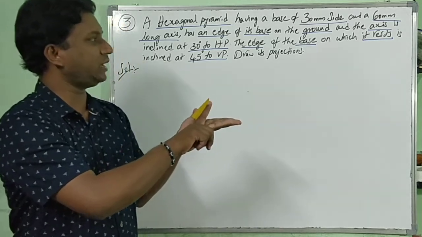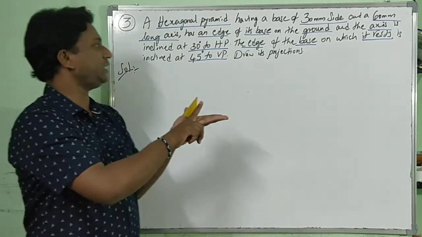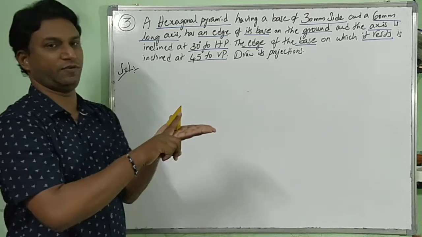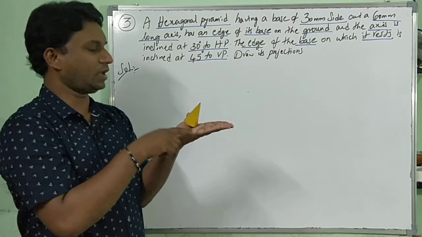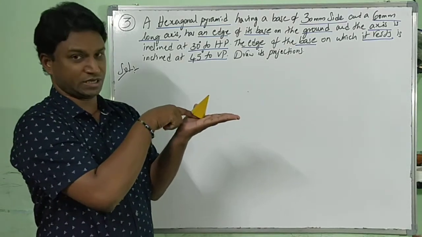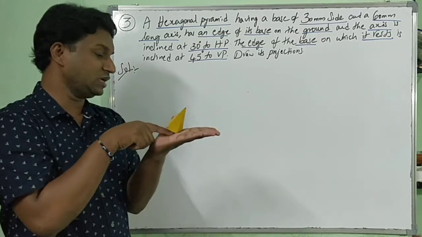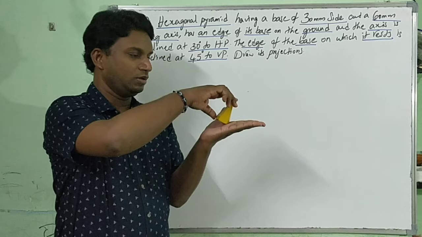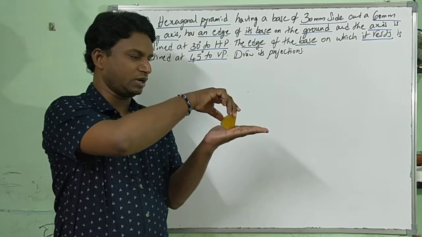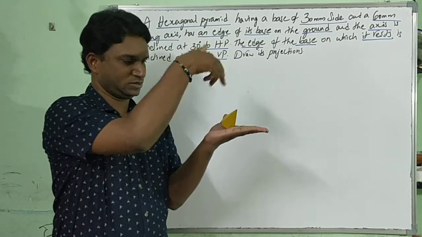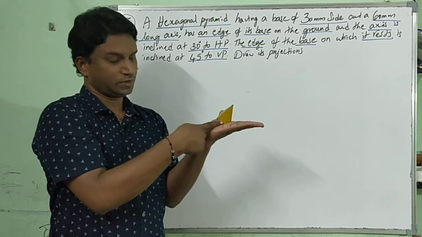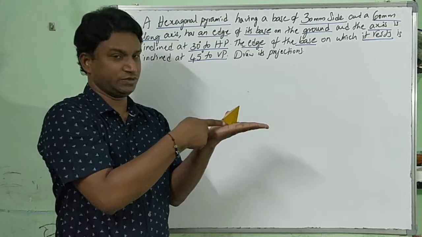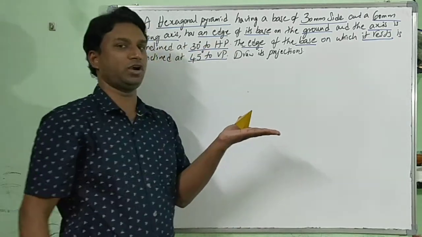Now that axis line is inclined at 30 degrees to HP, first position. At the same time, the edge on which it is lying is inclined at an angle of 45 degrees to VP. It is rotating clockwise by 45 degrees. That edge which is resting, in top view is at 45 degrees.